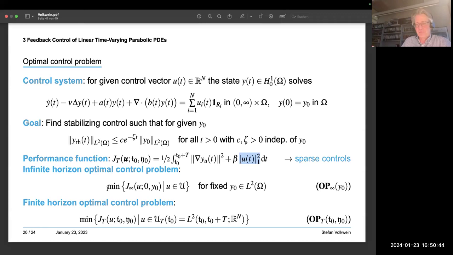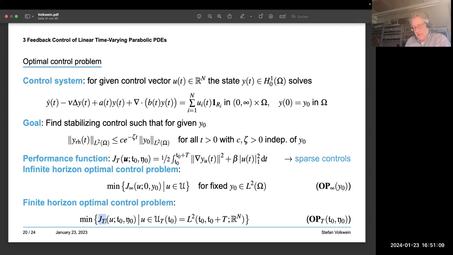The infinite horizon problem is like this. You have an initial condition, you start at 0, and you try to find the u over the whole domain from 0 to infinity. And that is usually something what you cannot do, due to the fact that it's an infinite horizon, and also finding this control is difficult. Therefore, we go for a finite time. This is this y_T here.